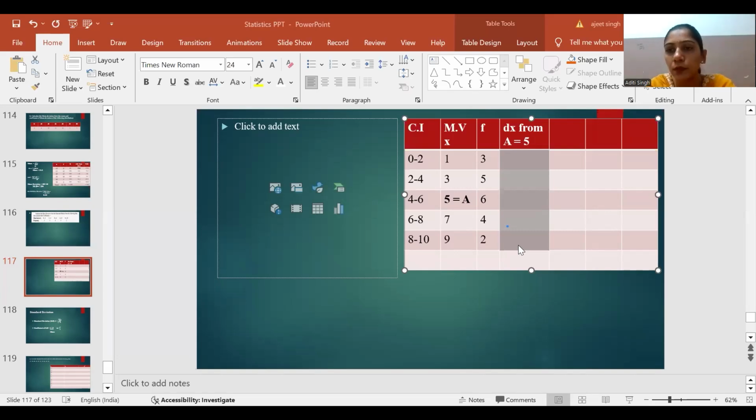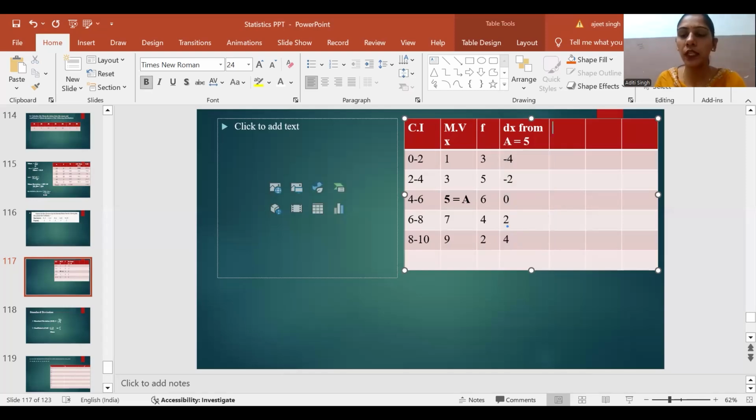But while calculating mean deviation and median deviation, we will ignore the sign of plus and minus. Since we are calculating mean in this question, we will consider the sign. So 1 minus 5 is minus 4. 3 minus 5 is minus 2. Here it is 0. 7 minus 5 is 2, and 9 minus 5 is 4. These are the values of dx.